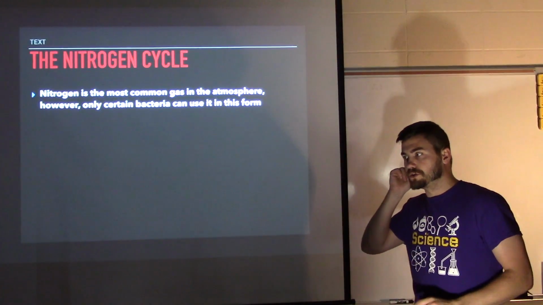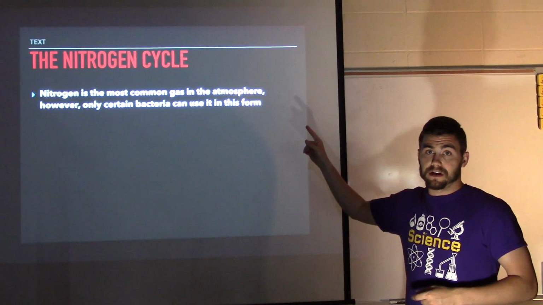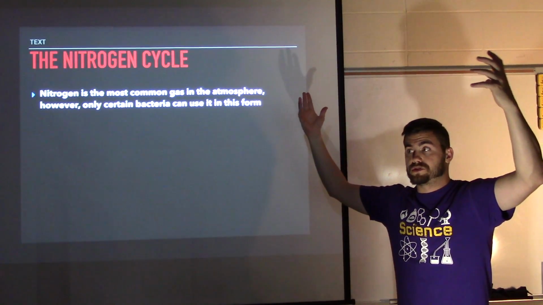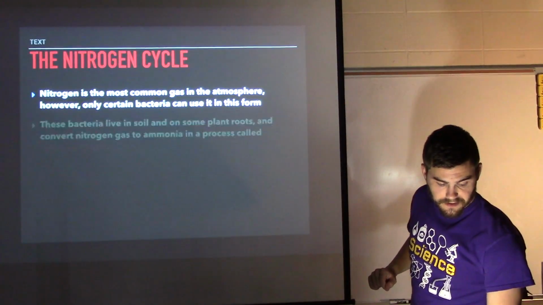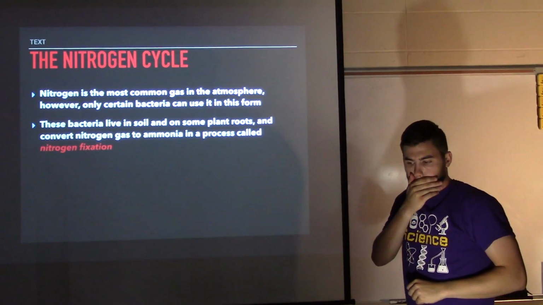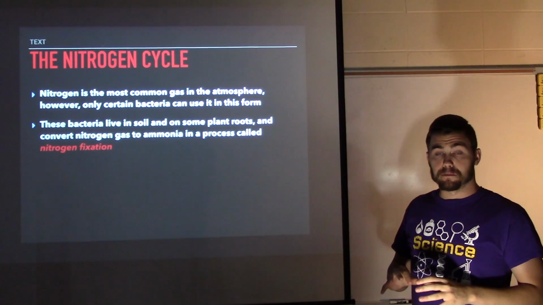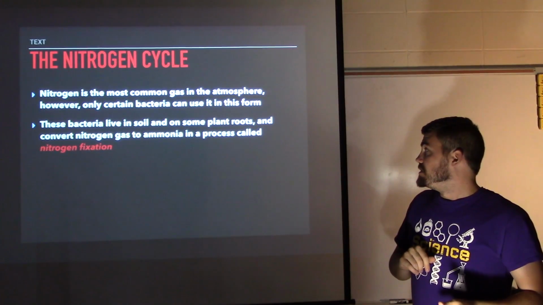So the way the nitrogen cycle starts is with these bacteria that can pull nitrogen out of the air, because that's where the nitrogen is so ubiquitous. Now, many of these bacteria have a symbiotic relationship with certain types of plants.